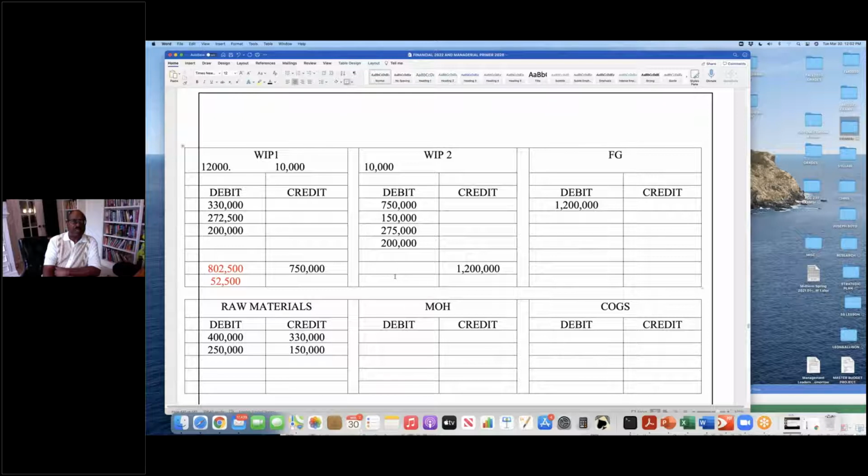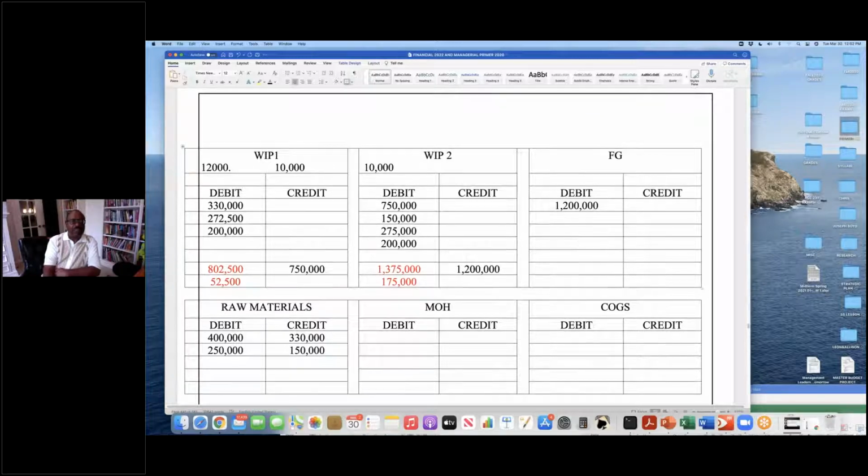I got 1,375,000. 375. So how much is left? 175. Okay, almost finished.